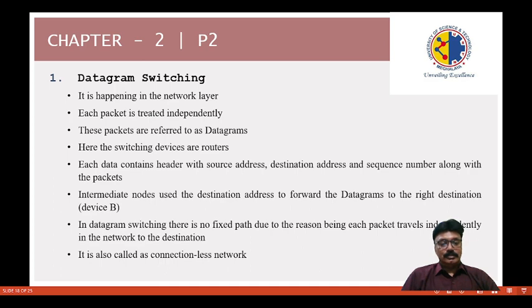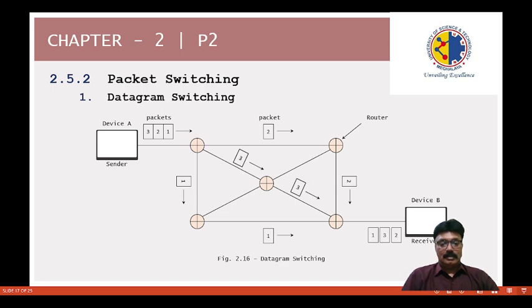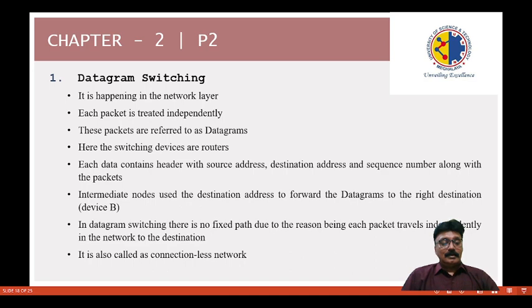Intermediate nodes use the destination address to forward the datagrams to the right destination. The intermediate nodes, which are nearest to another router, these routers are called nodes here. This is used to reach the receiver properly. In datagram switching, there is no fixed path, because each packet travels independently in the network to the destination.